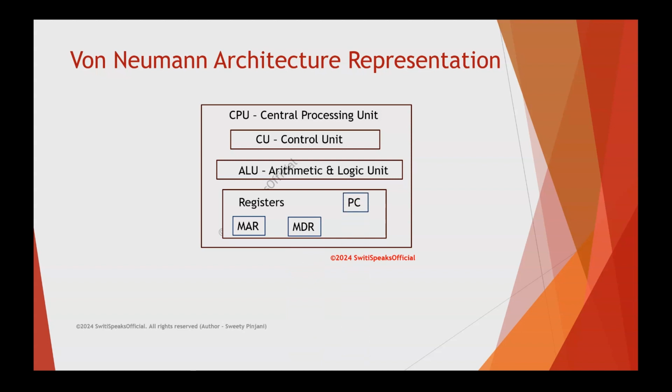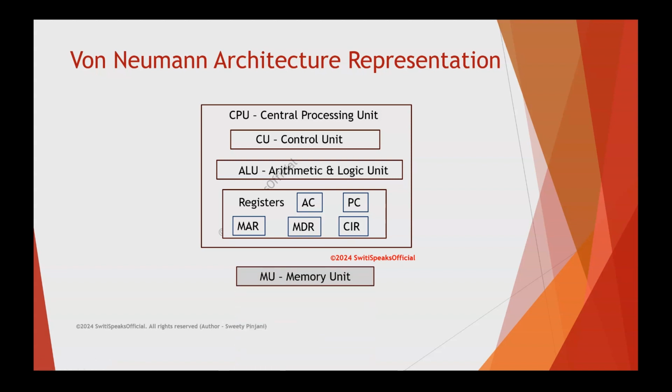Then we have the PC, which is the program counter. It contains the address of the next instruction. Then we have the AC, which is the accumulator. It contains the intermediate results of arithmetic and logical operations. Then we had the CIR, which is the current instruction register. It consists of the current instruction being executed.